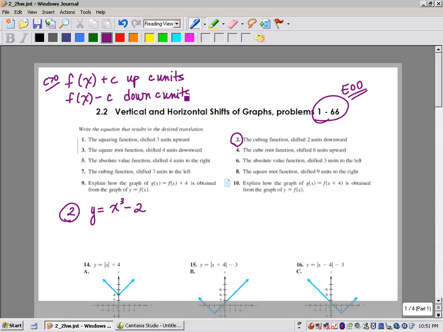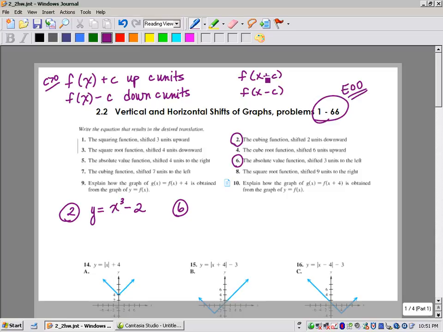Okay. Now what about number 6, which is to do the absolute value function shifted 3 units to the left? Well, to shift right or left is an interchange, right?